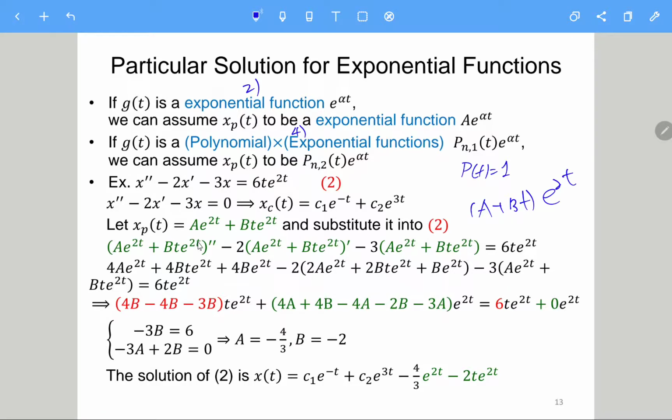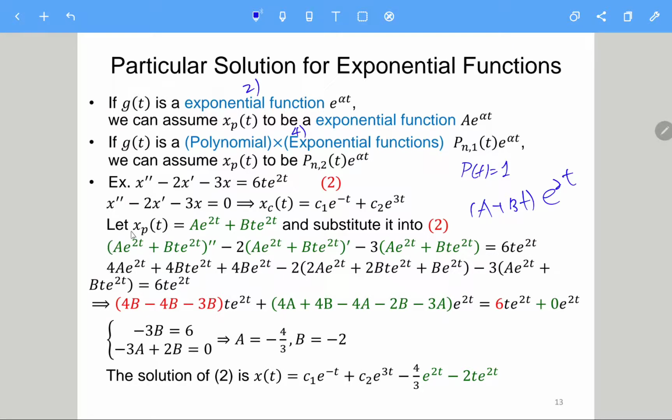Then we take the first derivative of this term, multiply by the first derivative of that term, and multiply by 2. So in total we have 4b exponential to 2t, which is this term. Also, we have the second derivative of this term, which is 4 exponential to 2t times bt. So we have this term.